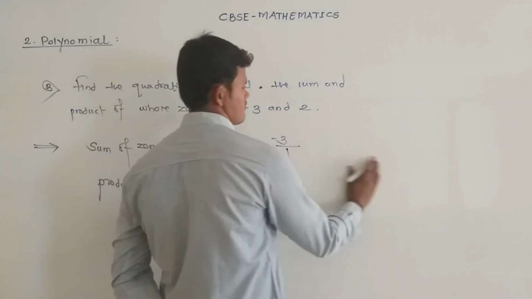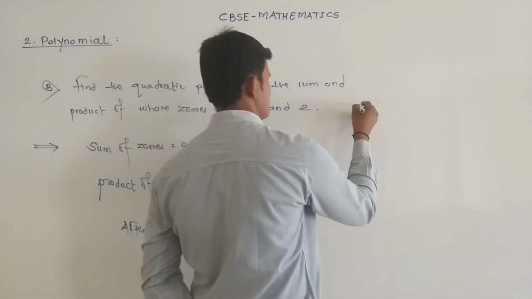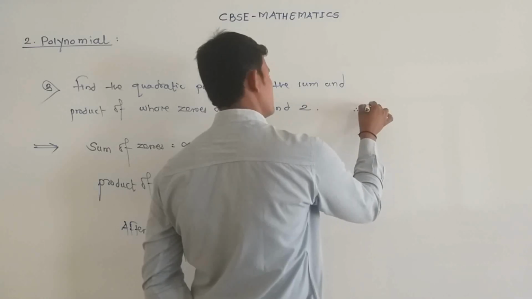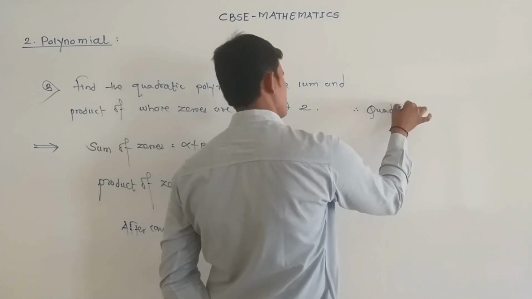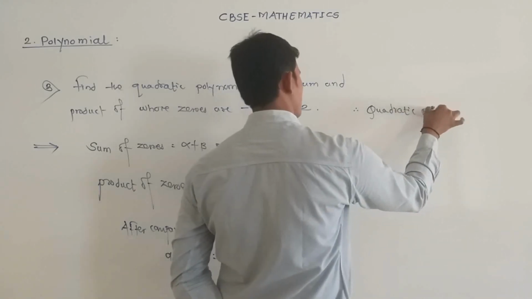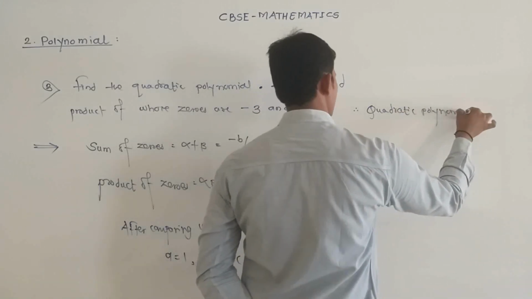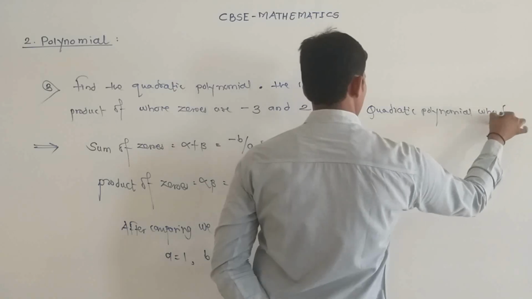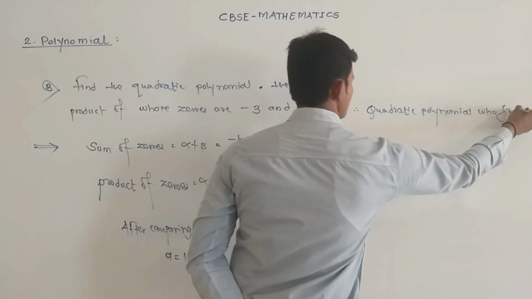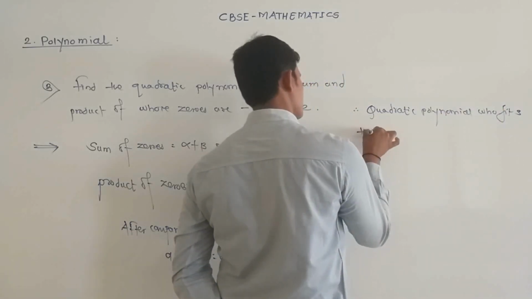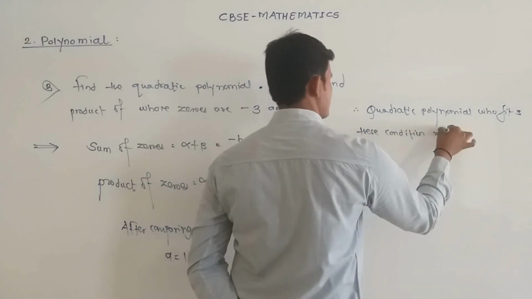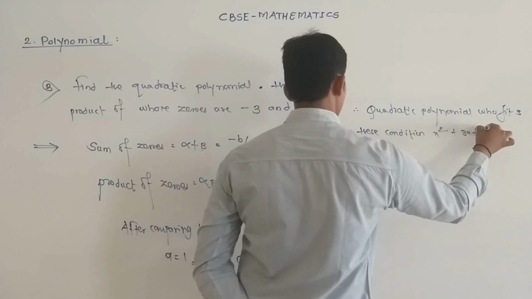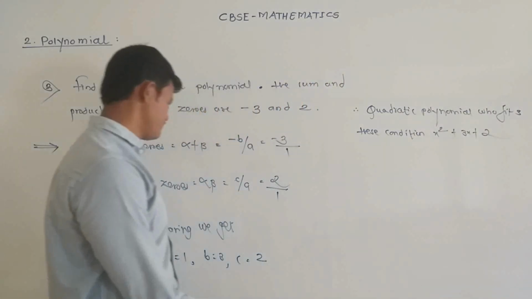So the quadratic polynomial which fits these conditions is x square plus 3x plus 2.